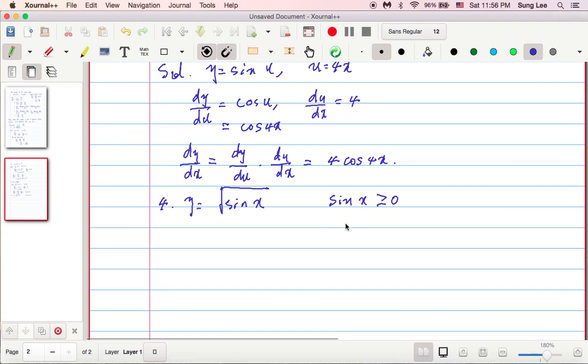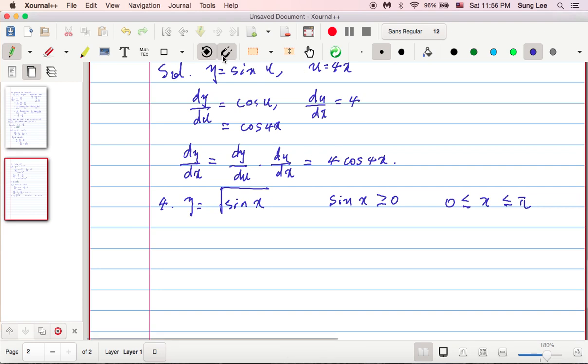So then you can actually restrict the domain. For instance, you can choose x to be greater than or equal to 0 and less than or equal to pi. You know that sine of x is non-negative in the first quadrant and second quadrant, right?